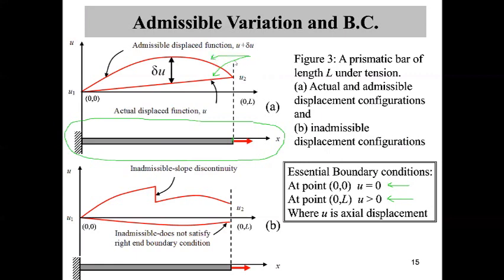Notice that both curves satisfy the essential boundary conditions and the continuity condition. Figure 3b shows inadmissible displacement configurations. The upper curve is inadmissible because of the slope discontinuity at this point. The lower curve is inadmissible because it does not satisfy the essential boundary conditions.